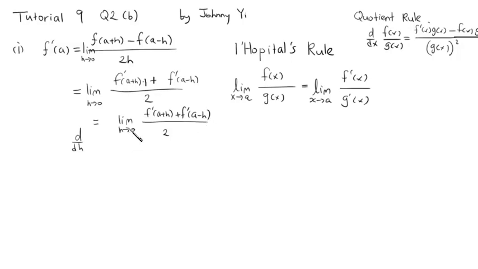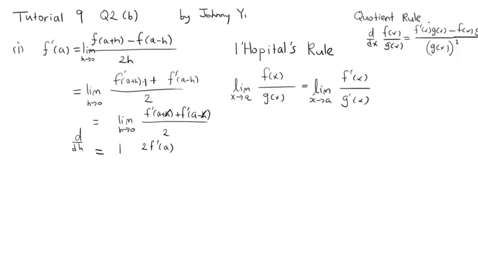We can simply let h go to 0, and this is 0 and this is 0, and therefore what do we get? We have applied the limit, so this is now just f dash of a plus f dash of a, so that's 2 f dash of a.